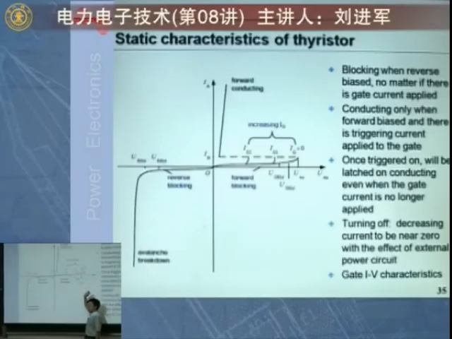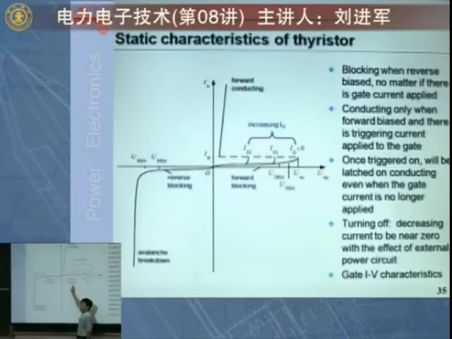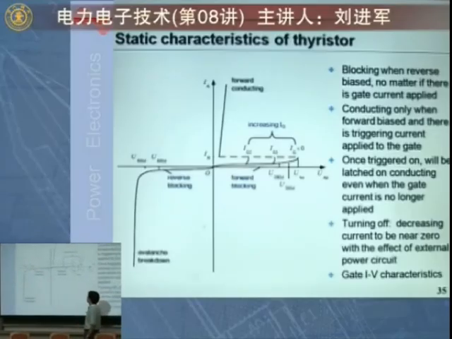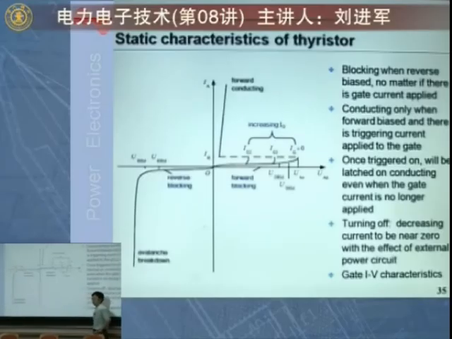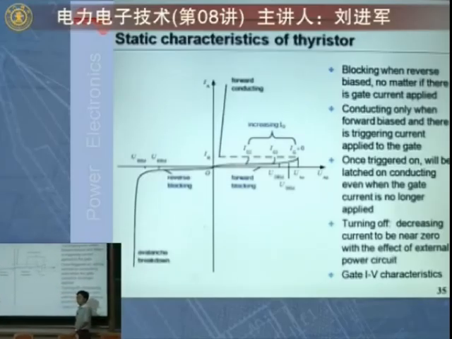But when you inject some Ig, then you don't have to come to that high voltage. Then you can turn on the thyristor. As long as the gate current is getting larger, you usually do not need too large a voltage applied across the terminals A and K. So that's this part.